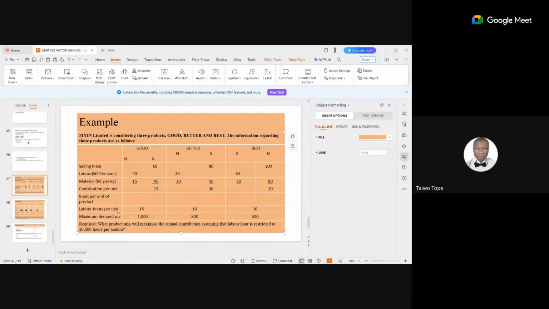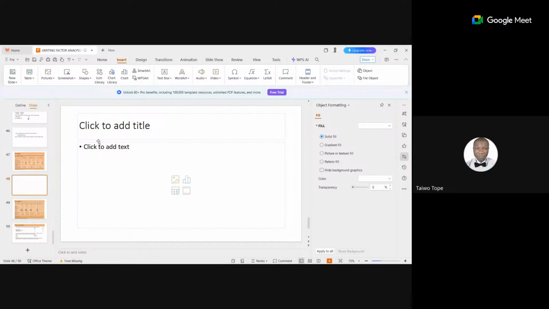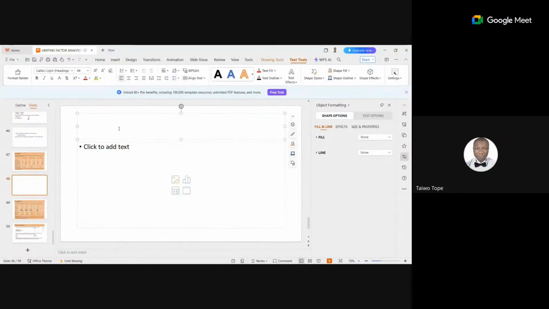It will enable us to know if actually labor hour is a limiting factor. So let's quickly show the solution. But if you can give me the hours required, I'll be very glad, even before I solve. So solution.